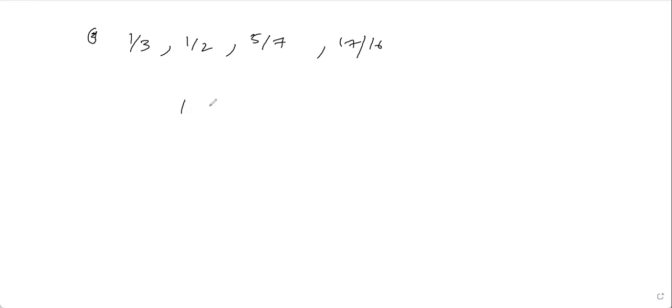If you look at 17 by 16, the probability always lies between 0 and 1, which I already discussed. So 17 by 16 is greater than 1, and it cannot be the probability of an event.